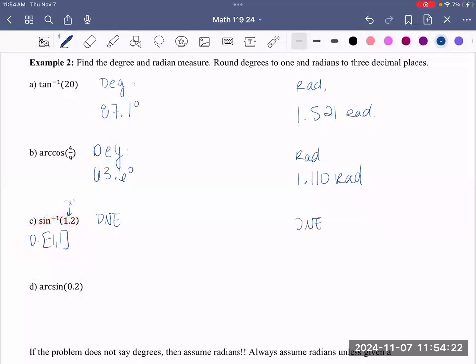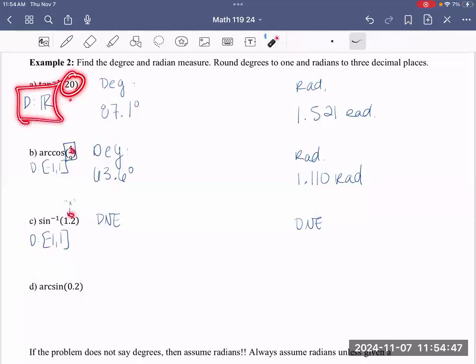Whereas for your cosine, the domain was -1 to 1, but 4/9 is a little bit more than a third, so it does fit in your domain. What about tangent? It's 20. Well, your domain for tangent was all real numbers. While yes, 20 is much larger than some of these values, you could fit any number in there and it would be all right.